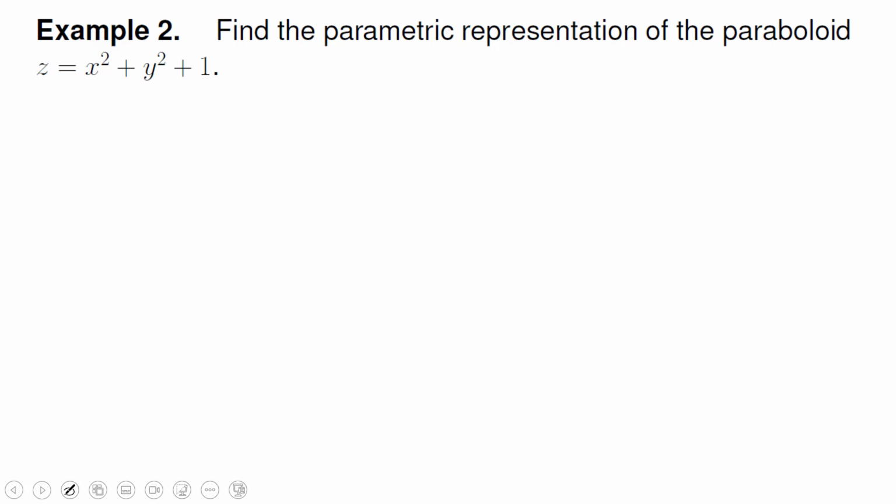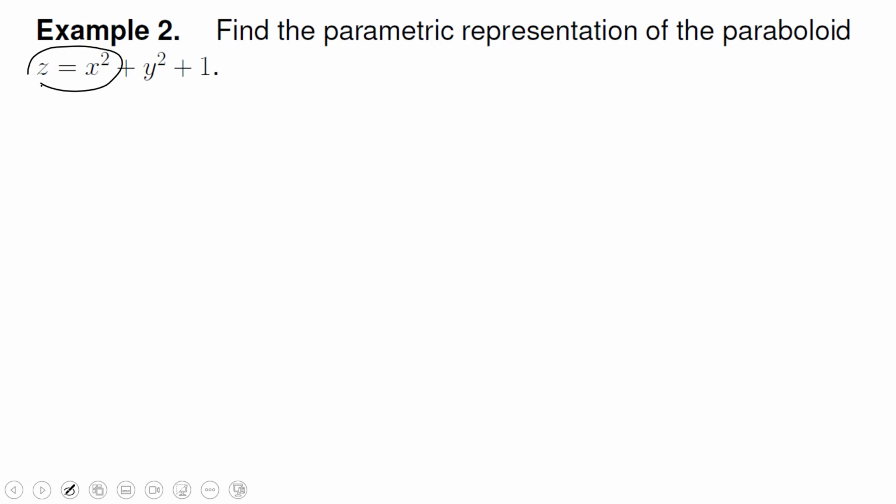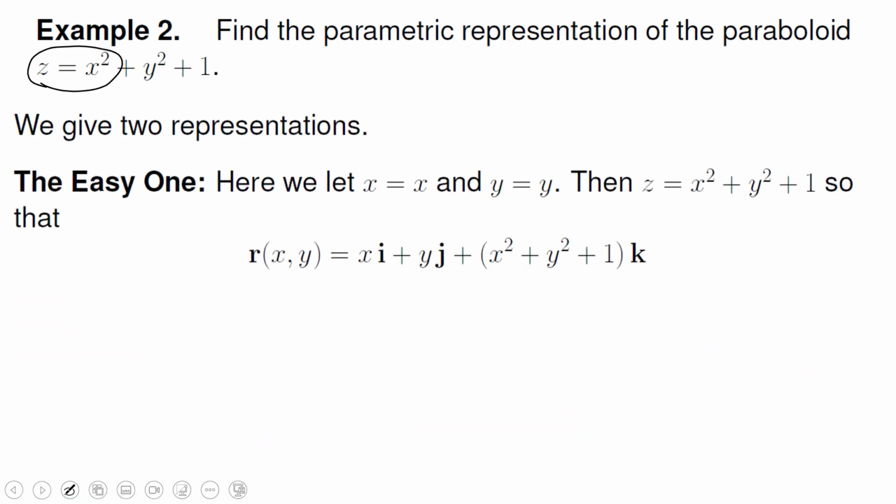Look at this one. If I have one of these, I have a parabola, right? But in 3 dimensions, I can represent r in terms of x and y. Why didn't I add z?